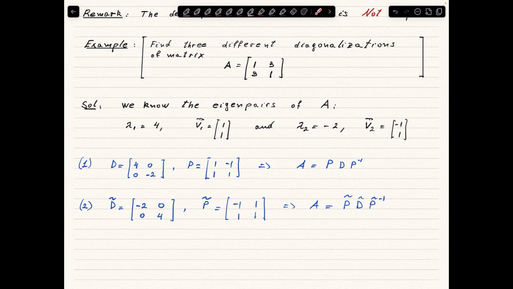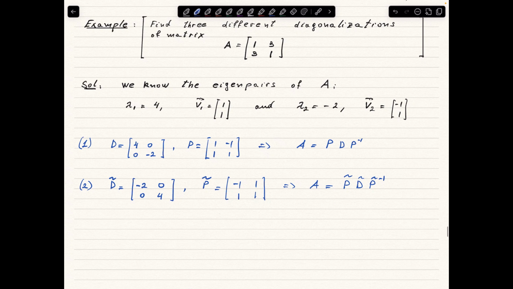You see, the position of the eigenvalues is not important as long as they are in the diagonal. And we have many options for eigenvectors. For fixed eigenvalues, we have many options. For example, we have a third decomposition here, where we pick the same matrix D tilde, negative 2, 0, 0, 4.